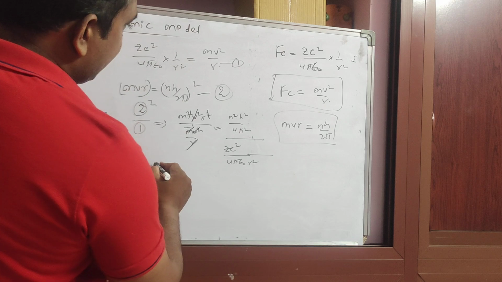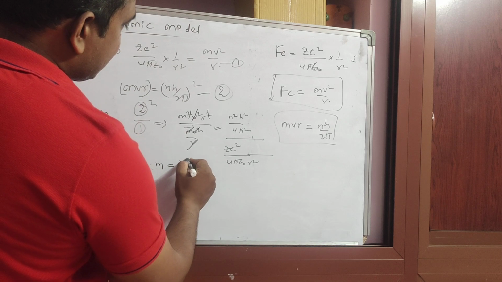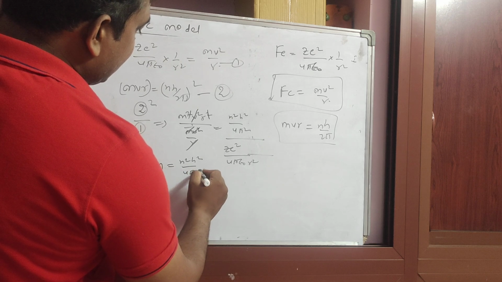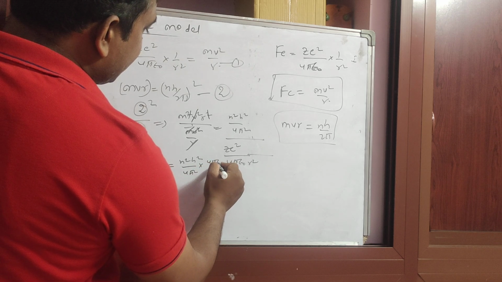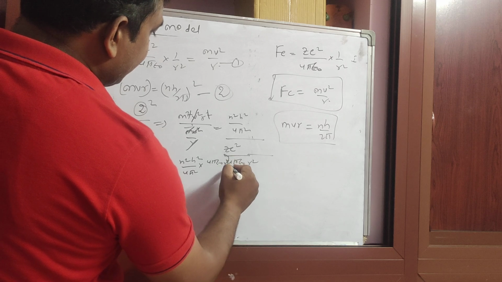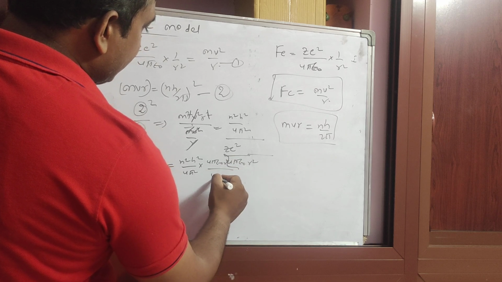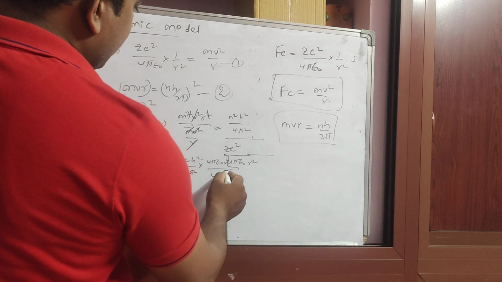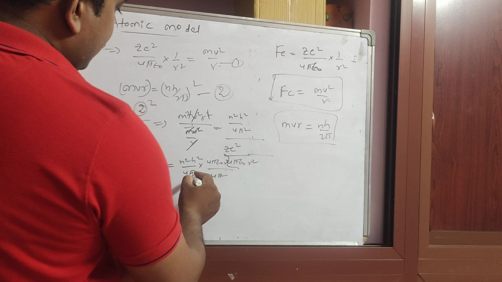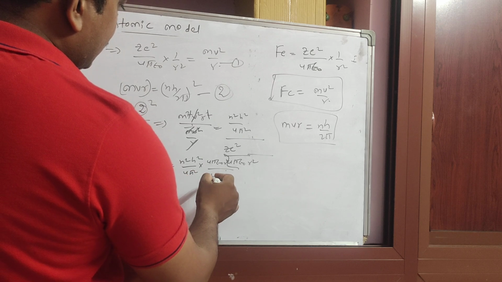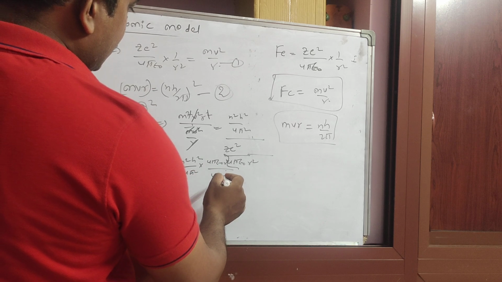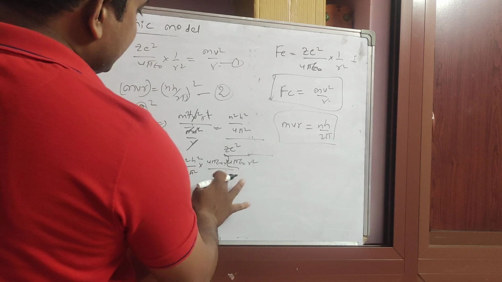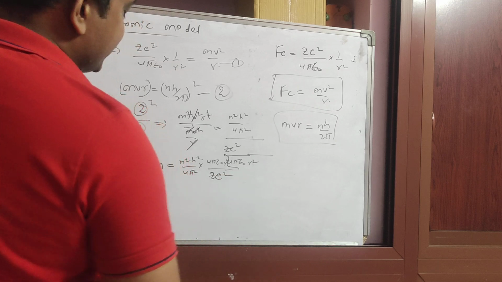So m is equal to n square h square by 4 pi square into 4 pi epsilon naught r square by Ze square.